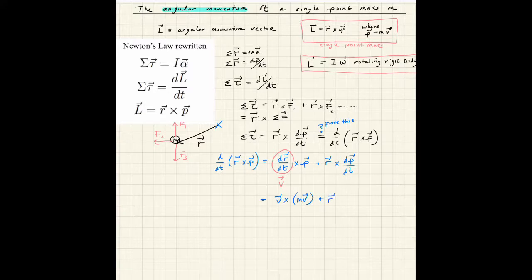And I'm going to leave this second term alone, because actually that's what I'm trying to prove. And then what we have is v crossed with m times v. Well, the m can be just taken right out of there because it's a constant. And this is the cross product of a vector with itself. So remember, for a cross product to be zero, the vectors have to be parallel.